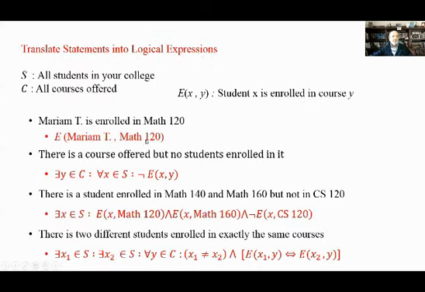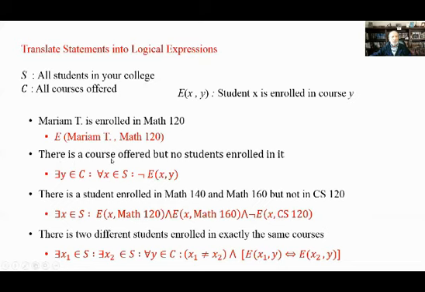Here's another example. S is all students in your college. C is all courses offered. E(x,y): student x is enrolled in course y. Here, Mariam T is enrolled in Math 120. That's E(Mariam T, Math 120).